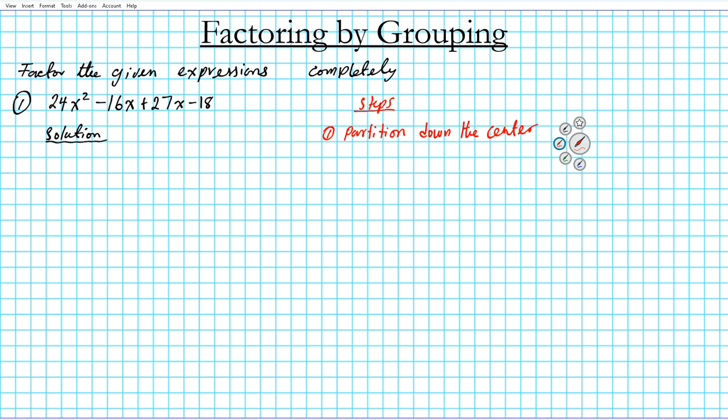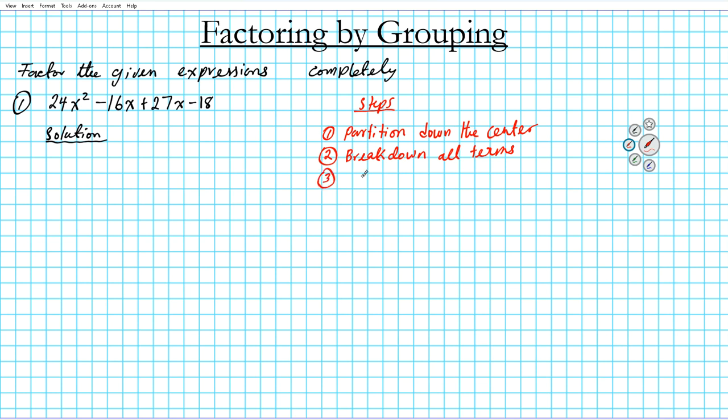When you partition your expression down the center, you're going to have a left side and a right side. From the left and right sides, you're going to break down all terms if possible, both on the left and the right side.